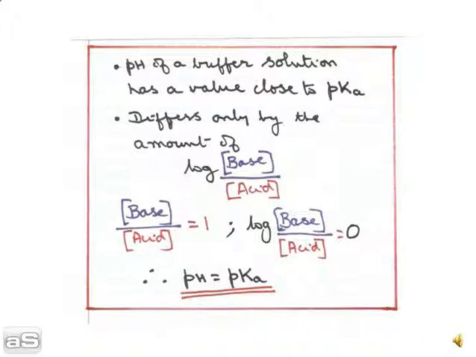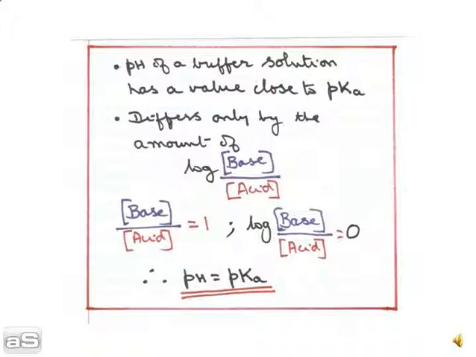Now, we know that the pH of a buffer solution has to have a value close to the pKa value, and it differs only by the amount of log of the base to acid concentration. Suppose I take the base concentration and the acid concentration to be the same.